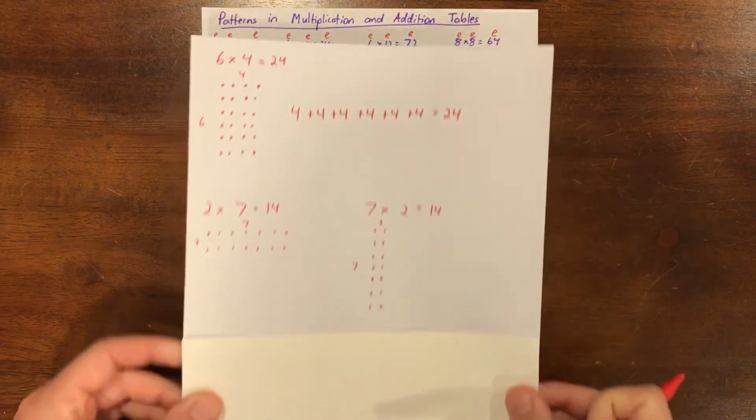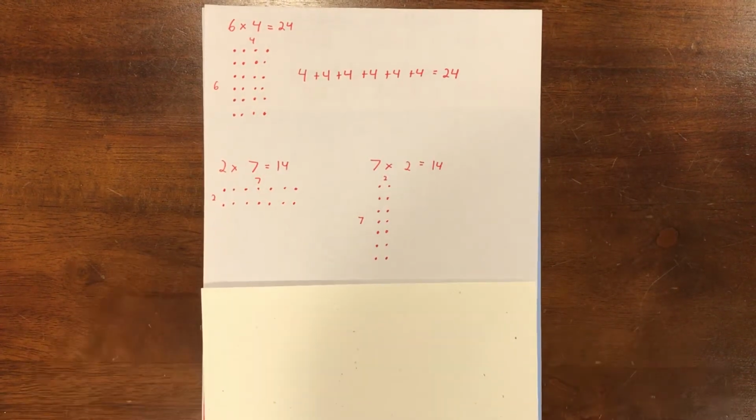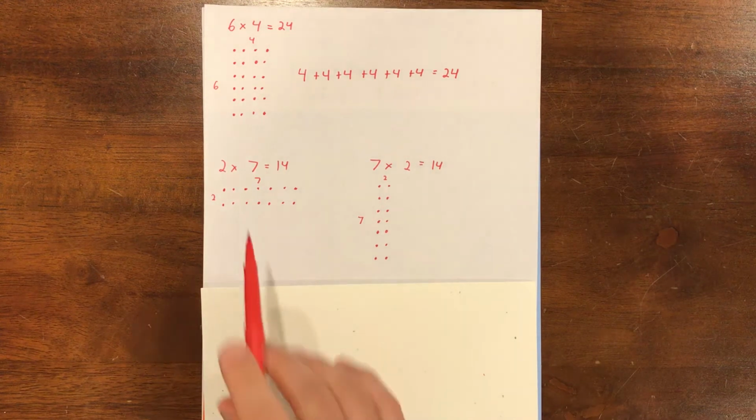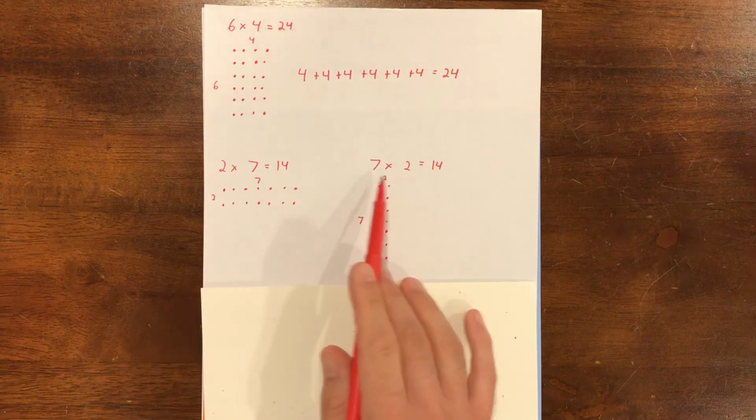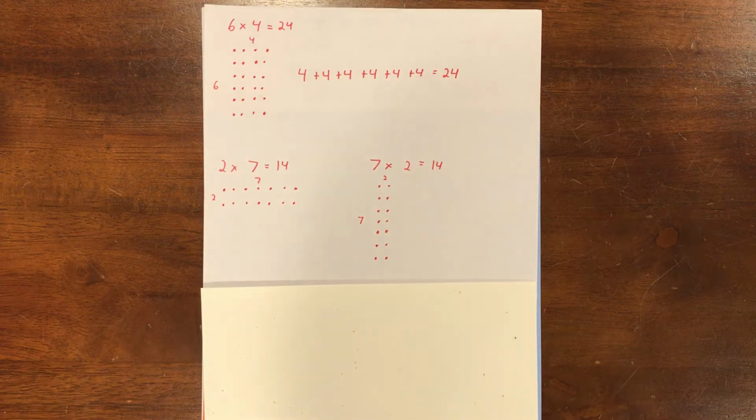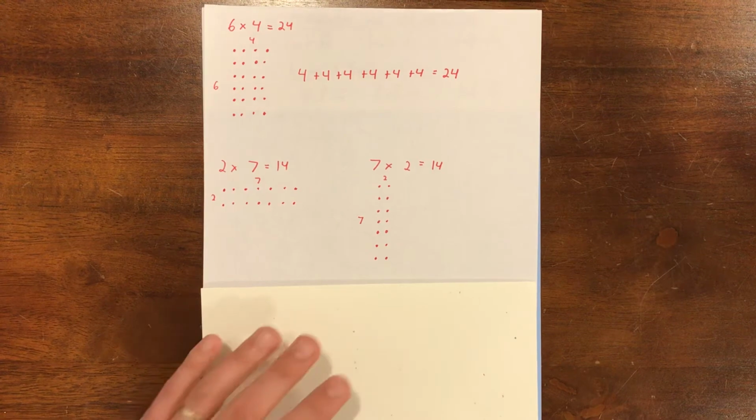Here's an example of multiplying one odd and one even factor. 2 times 7 equals 14, or 7 times 2 equals 14. So why does multiplying one odd and one even factor always result in an even product? Say it out loud. This is really interesting.